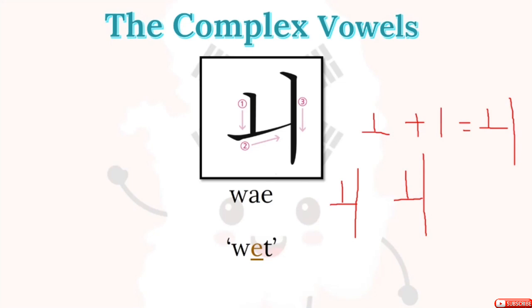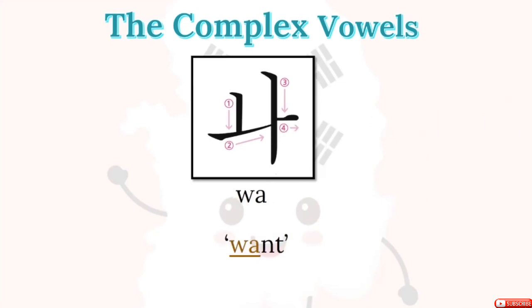All right. So let's move on to our next complex vowel. Wa, from the word want, wa. And also this is the combination of O plus A becomes wa.